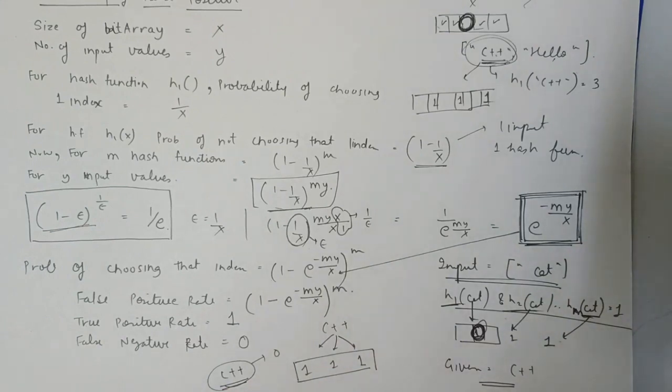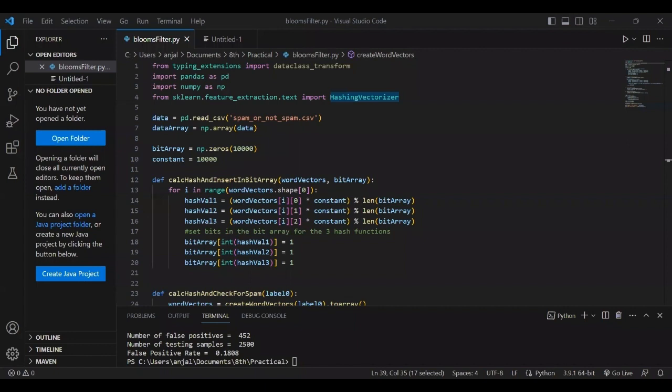Now let's move to the coding part of this problem. For the coding of Bloom's filter, first of all, we'll import the libraries that are required for this purpose.